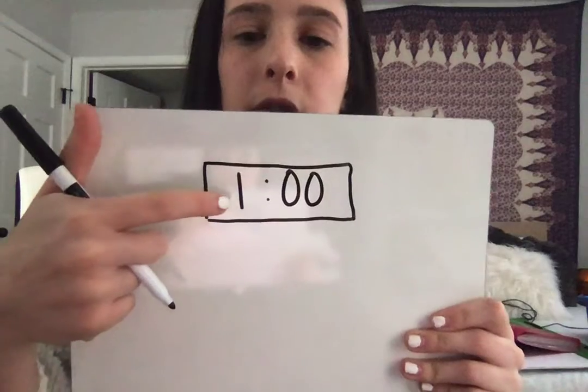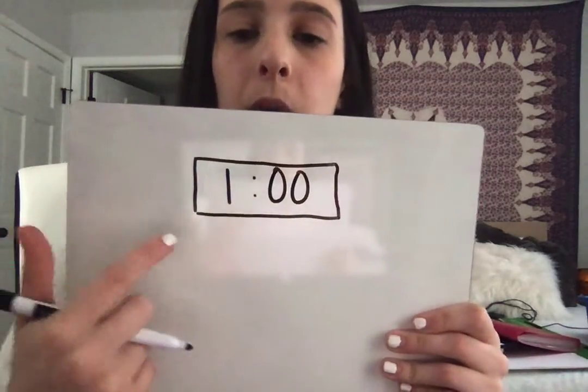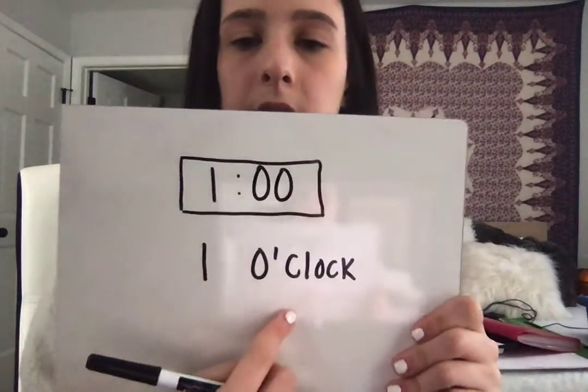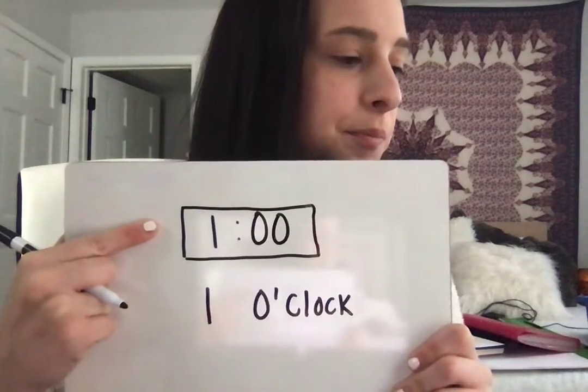When I show you this, we read the hour first. 1, then 0, 0, o'clock. 1 o'clock. That's what it shows on our digital clock.